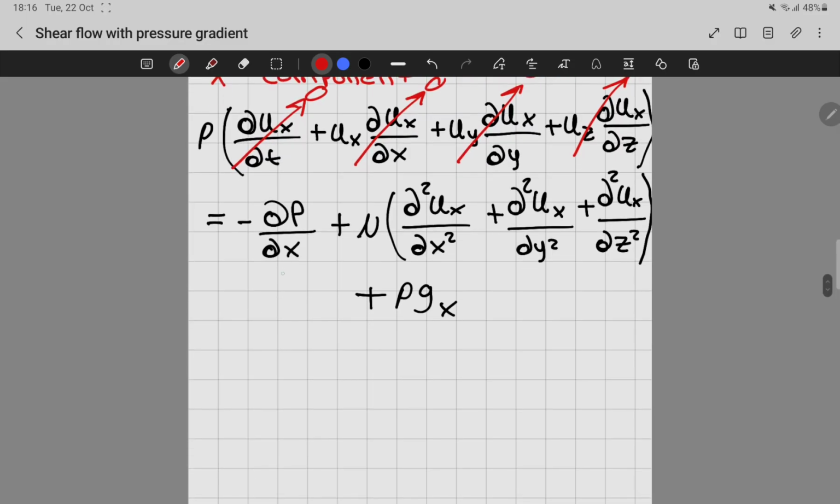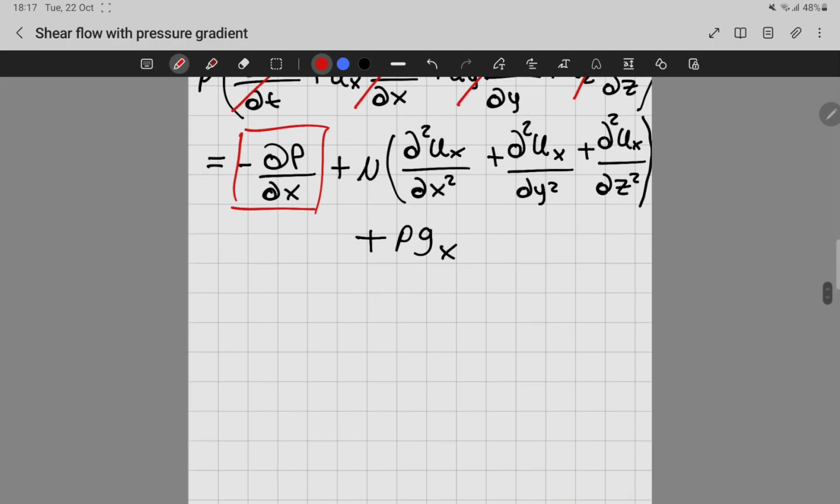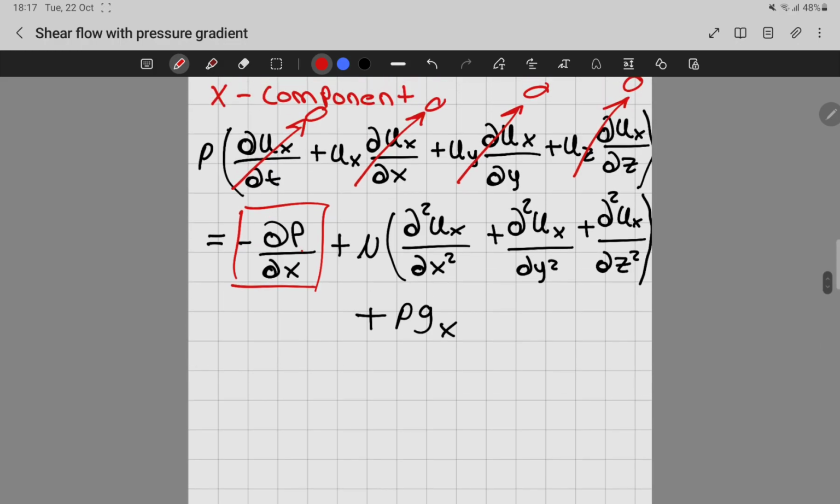So we have here the pressure gradient in x direction. Remember that this is constant because it's the mechanical force that we are imposing on the flow. So this is not going to be 0.